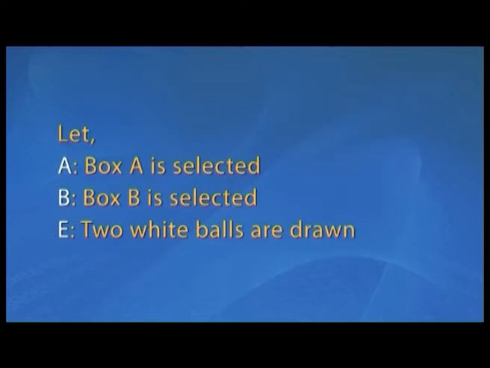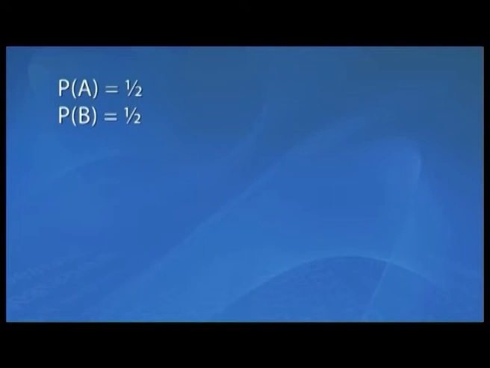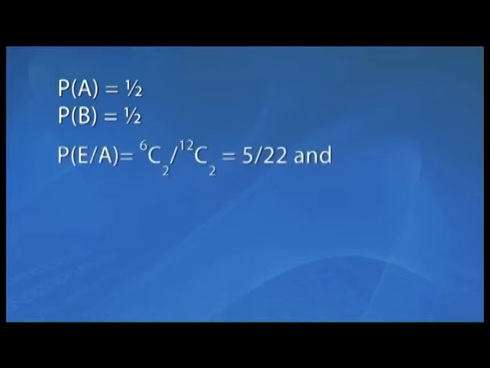Let A denote box A is selected, B denotes box B is selected, and E denote 2 white balls are selected. Box A is selected if the number on the die is even. In a die, chance of getting even number is half. Hence, probability of A is equal to half. Similarly, probability of B is equal to half.